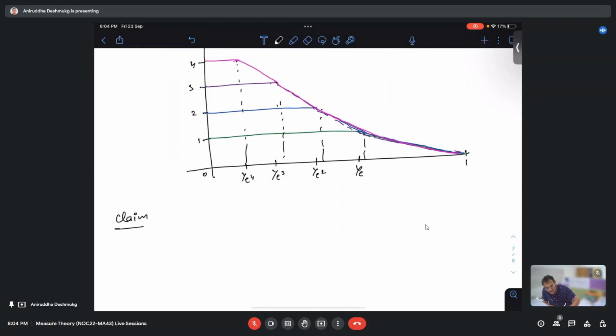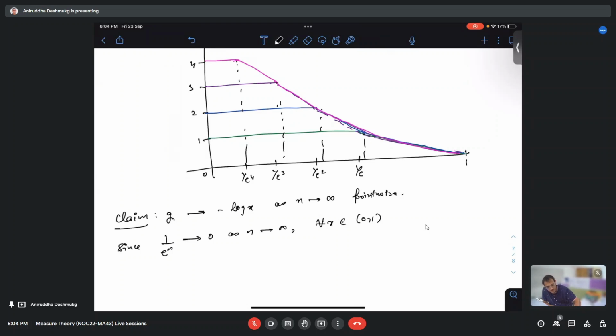So the first claim is that Gn converges to minus log x as n goes to infinity pointwise. And it is easy to see, since 1 over e to the power n converges to 0 as n goes to infinity, for each x in open 0, closed 1 in fact, pointwise almost everywhere, because at 0 there is going to be a problem.